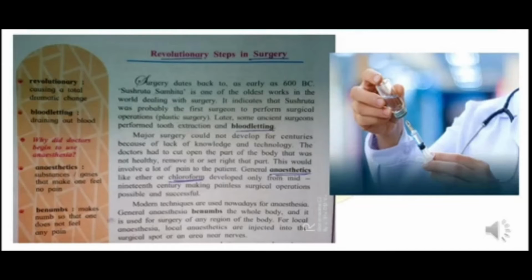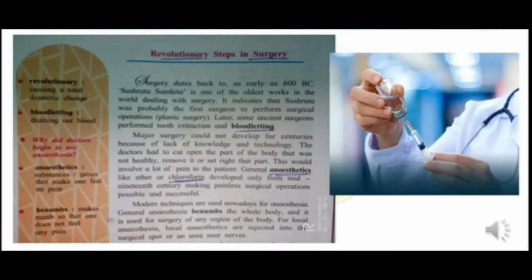Modern techniques are used nowadays for anesthesia. General anesthesia numbs the whole body and it is used for surgery of any region of the body. Numbs means it makes the body numb so that the patient lying on the bed does not feel the pain.